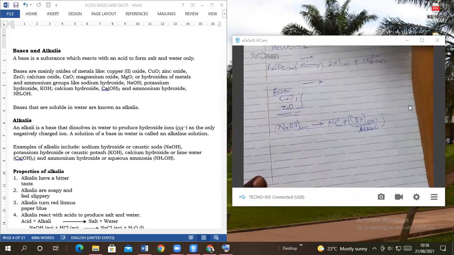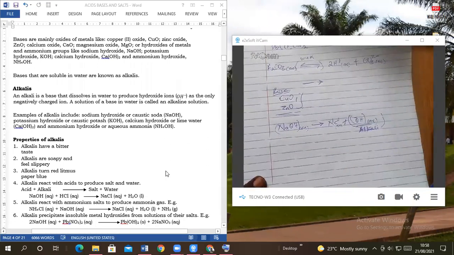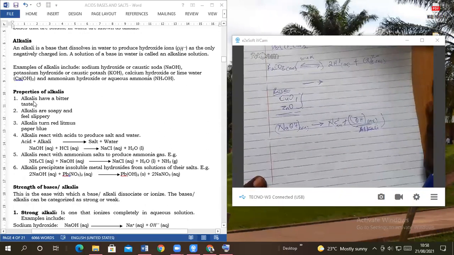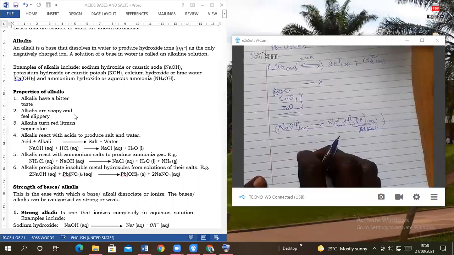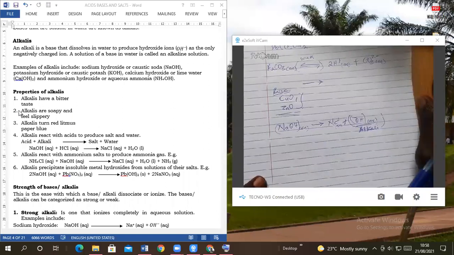So after this, you look at the general properties of these alkalis. They have bitter tastes. They are soapy and slippery when you touch them. They turn red litmus paper blue, whereas acids turn blue to red.